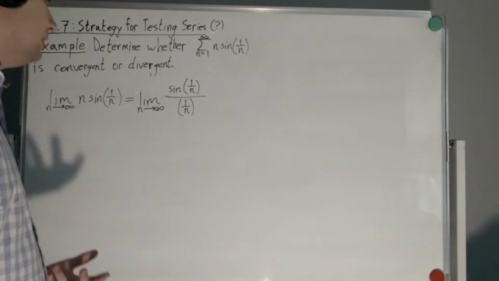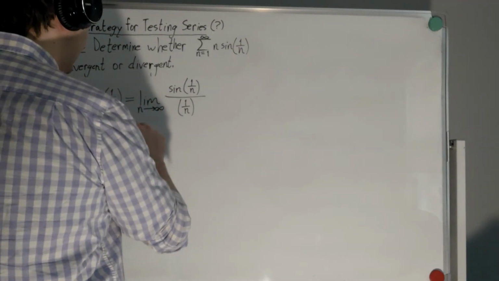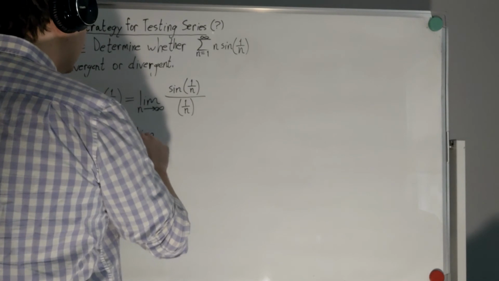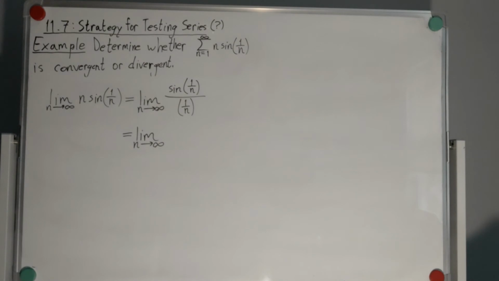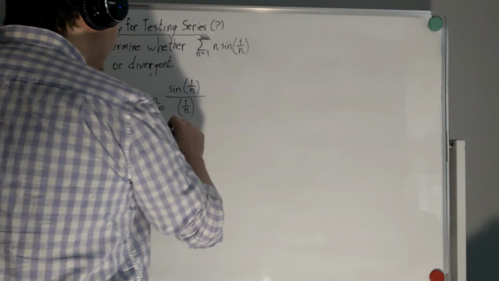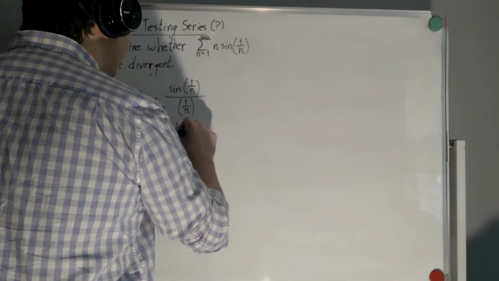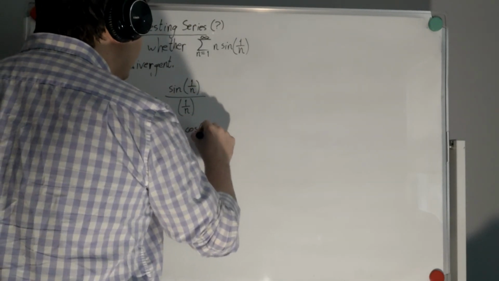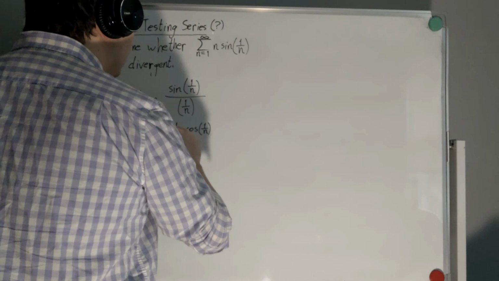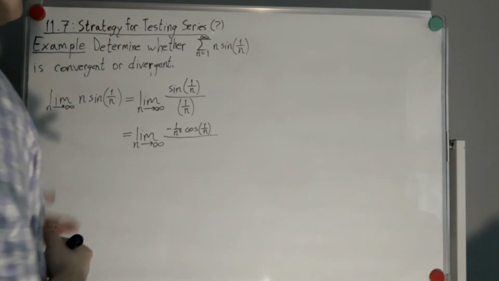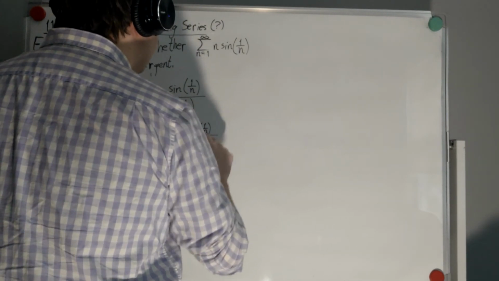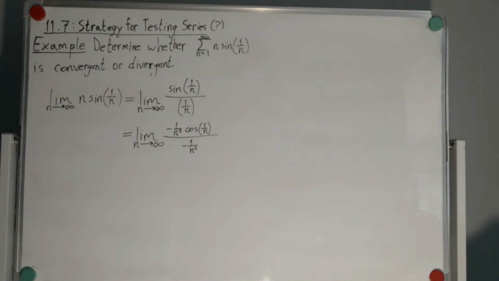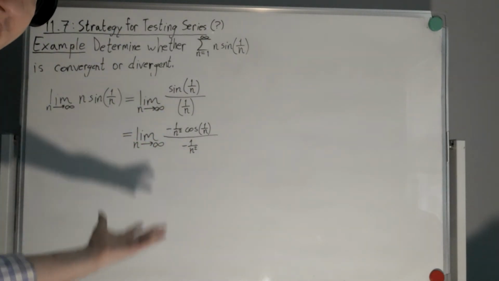So now L'Hopital's rule allows us to take the derivative of the top and the bottom individually. So this is the limit as n approaches infinity of, according to the chain rule, the derivative of the top would be negative 1 over n squared times the cosine of 1 over n. All of this is divided by the derivative of 1 over n, which is negative 1 over n squared. So naturally, the negative 1 over n squareds cancel out.